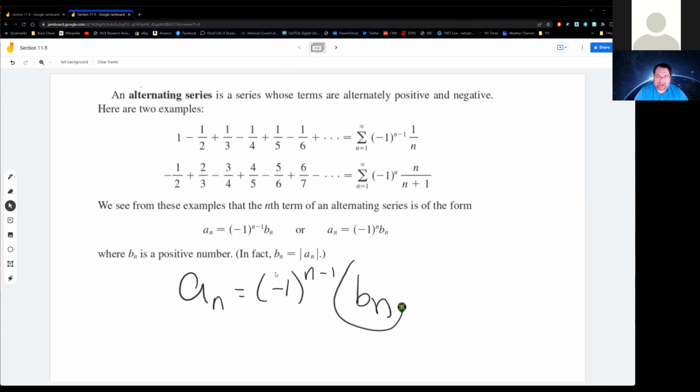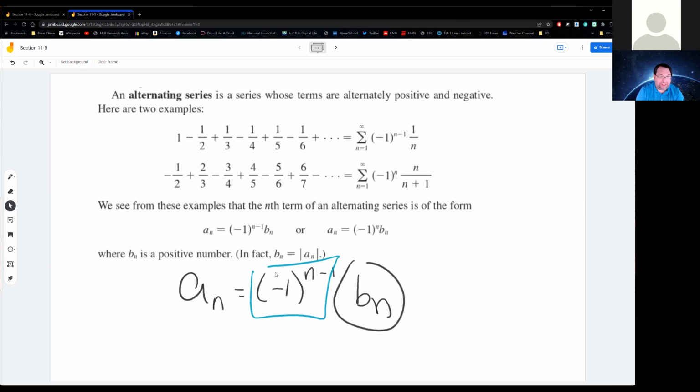This is the piece I'm looking at right there. When we're looking at those two cases, we can ignore the alternating piece. The only thing the alternating piece is important for is to tell me I can use this test. Does that make sense or no?